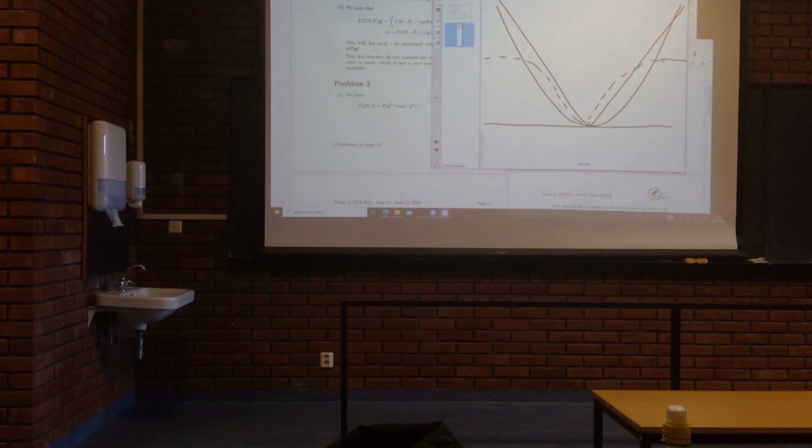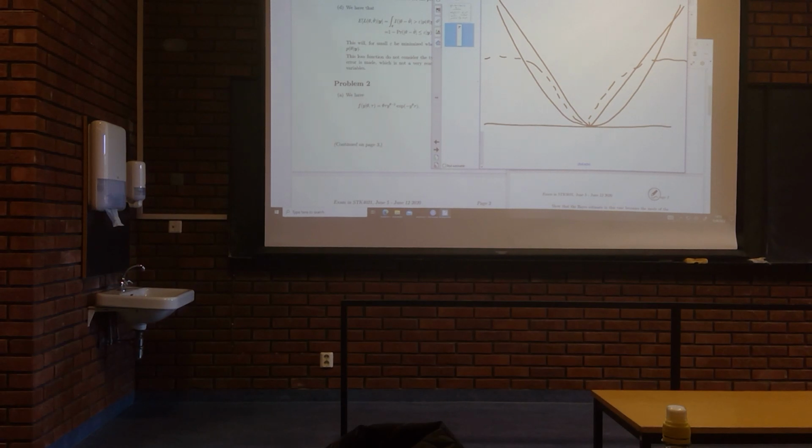But it might not be much worse to miss with 1,000 compared to 10,000. It's so far away anyway that it doesn't matter. And that would correspond to this loss function flattening out when you have too large errors.